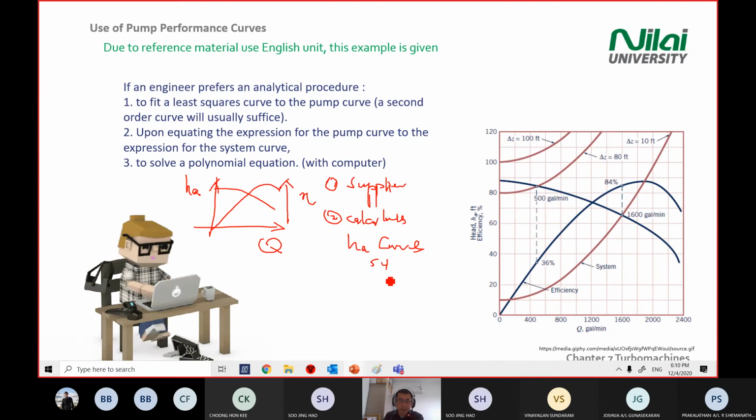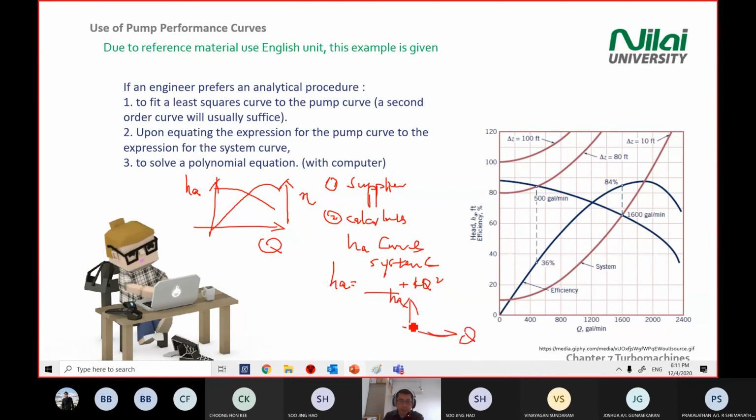you get your system curve, we call it system curve, with HA equal to something plus KQ squared. This equation, you calculate, then you go into the graph and plot the overlap line. If we plot HA versus Q, we always get this kind of pattern.